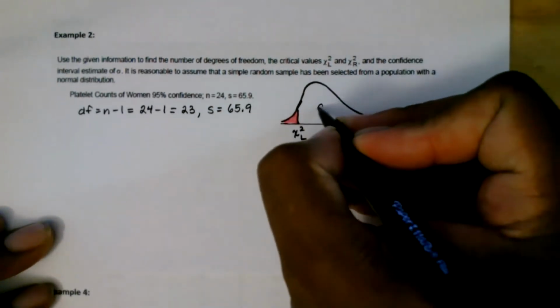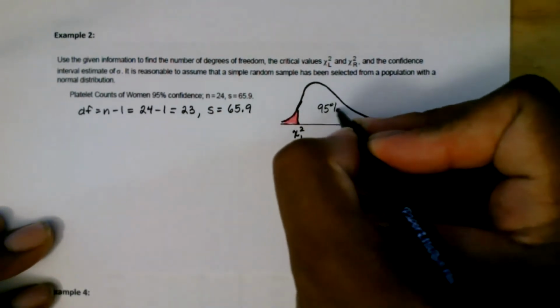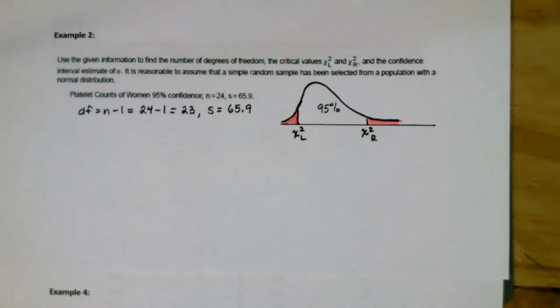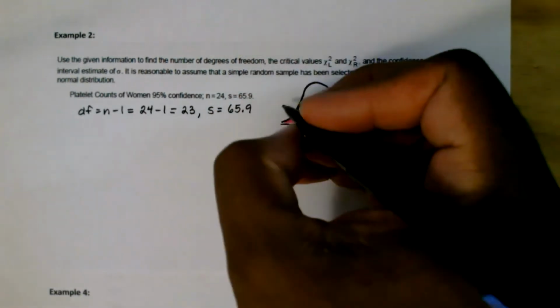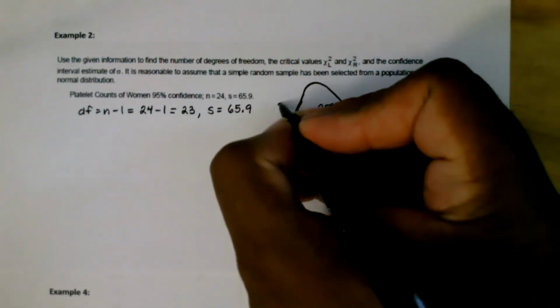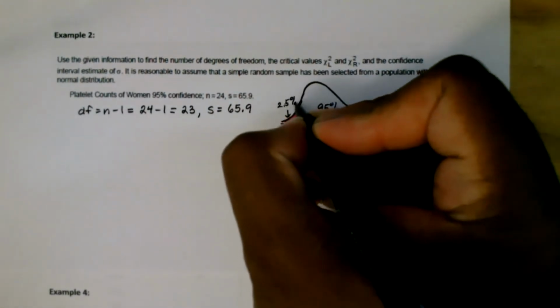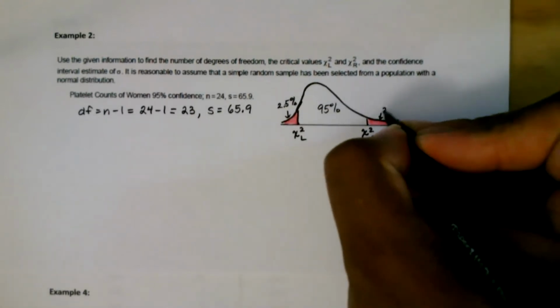The 95% is in the middle. Everything on the whole curve has an area of 100%. So that means 95% from 100% is 5% split in these two shaded areas. So that means this left side is 2.5%. The right side is the other 2.5%.